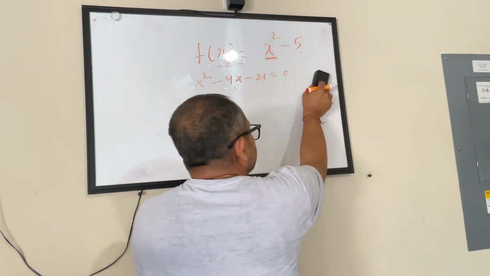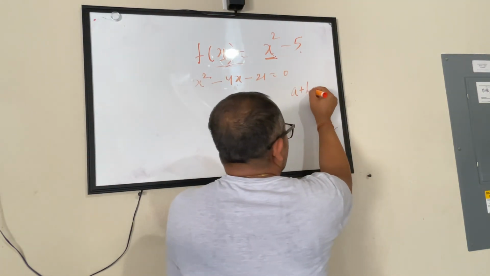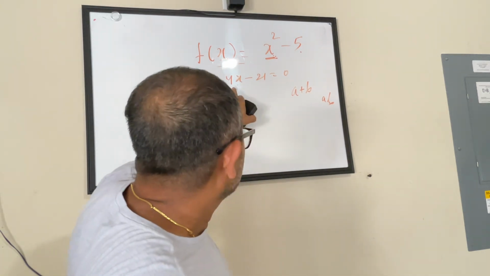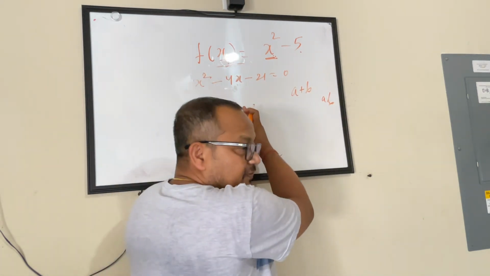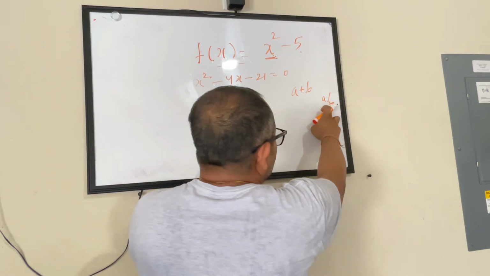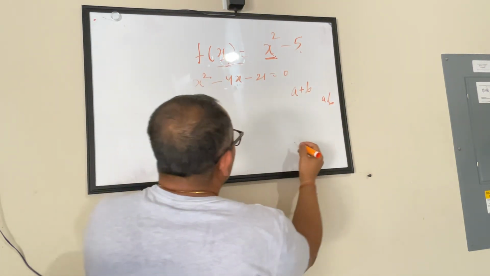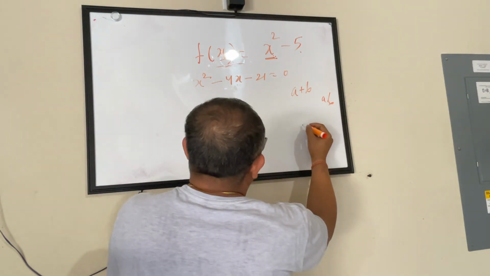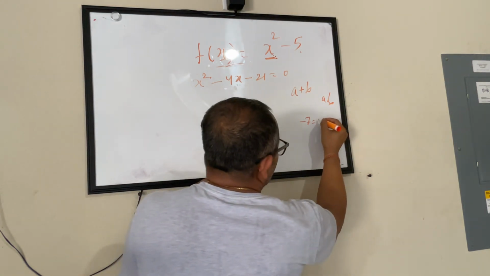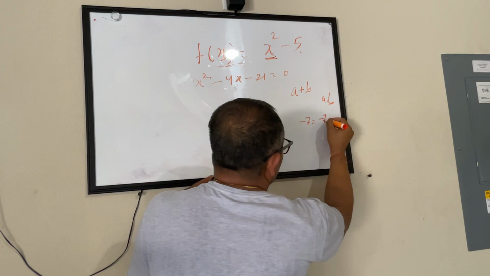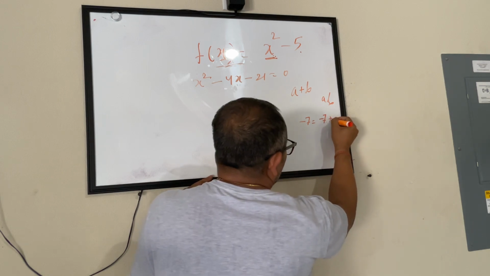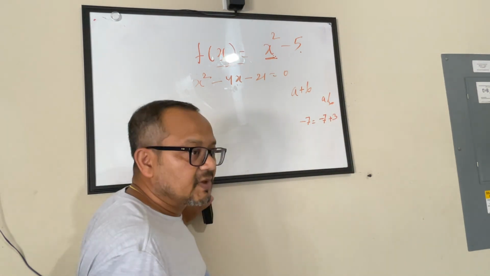Sorry, a plus b, ab. We have to break this into a plus b form so that the multiplication of that is equal to this, the third one. Here, minus 4 I can write as minus 7 plus 3. Yeah?